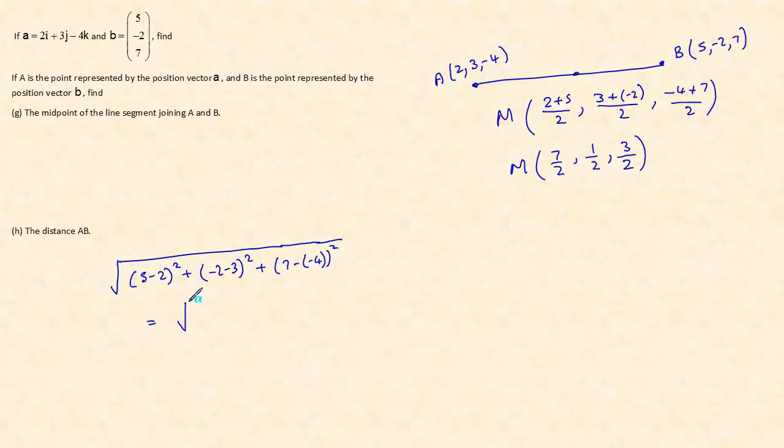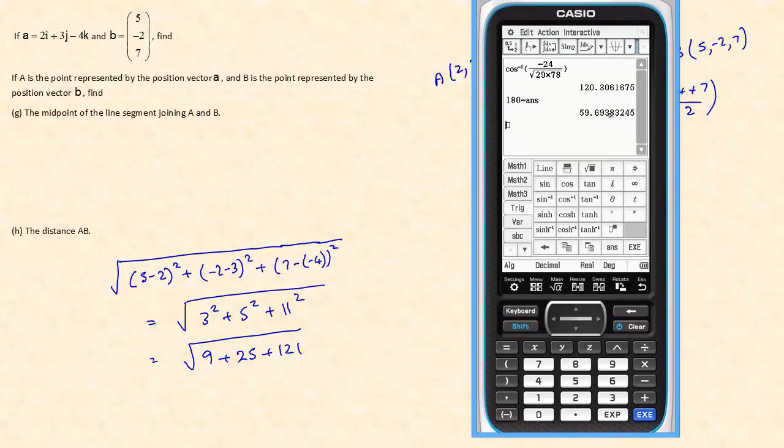So that's going to be the square root of 3 squared, add 5 squared, add 11 squared, which is the square root of 9, add 25, add 121. Let's just use the calculator for that.